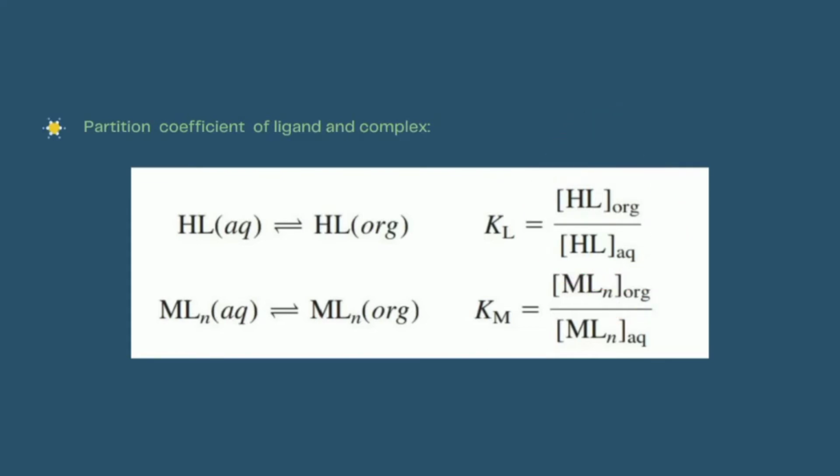We also have the equilibrium between the metal ligand complex in the aqueous phase and in the organic phase. Across that phase boundary, the partition coefficient K sub M is equal to the metal ligand complex concentration in the organic phase divided by the metal ligand complex concentration in the aqueous phase.